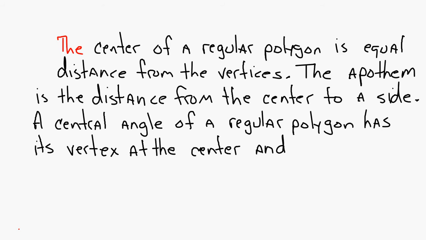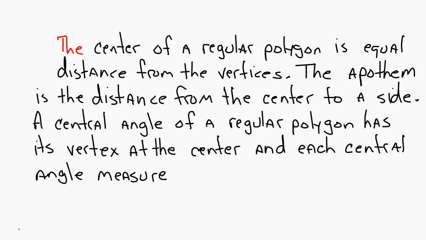And each angle measure, let's say each central angle measure, is 360 divided by n, where n is the number of sides.